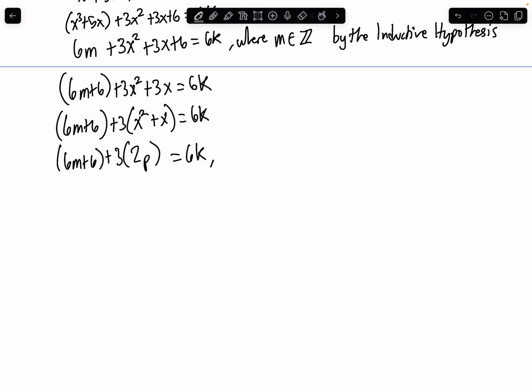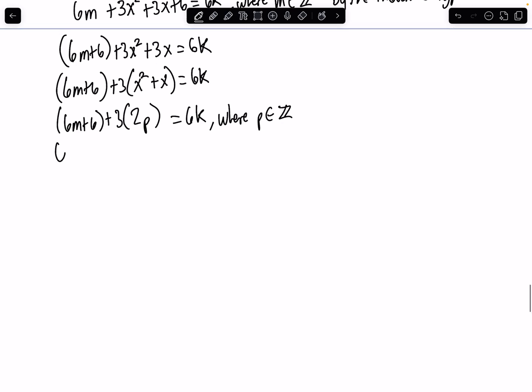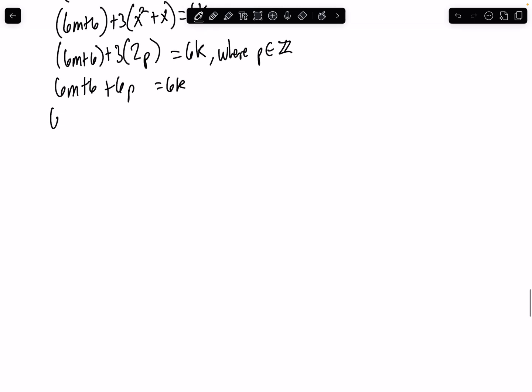So we must specify p is an integer. Now we have 6m plus 6 plus 6p equals 6k, where m and p are both integers and k is also an integer. We can now factor out this 6, leaving m plus 1 plus p on the left side and 6k on the right side.